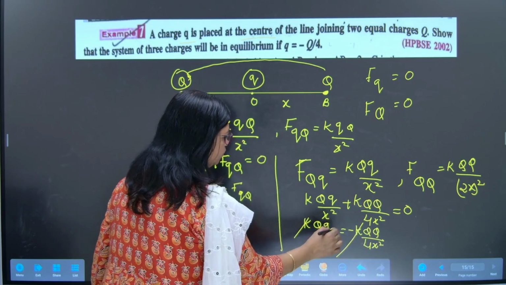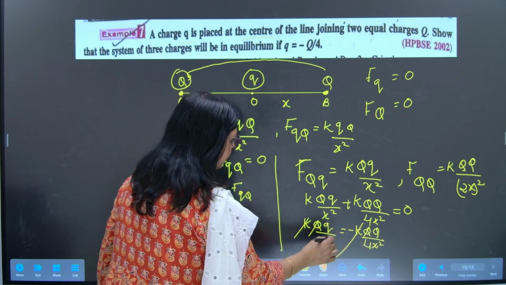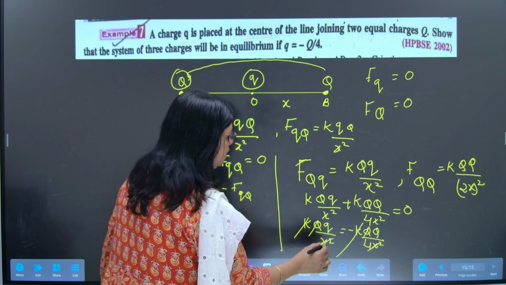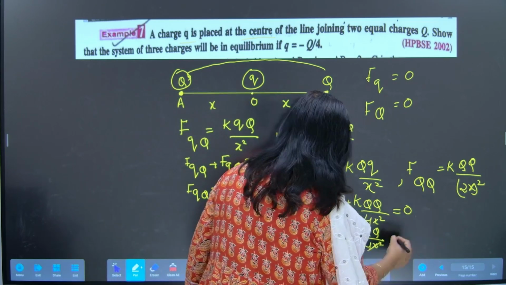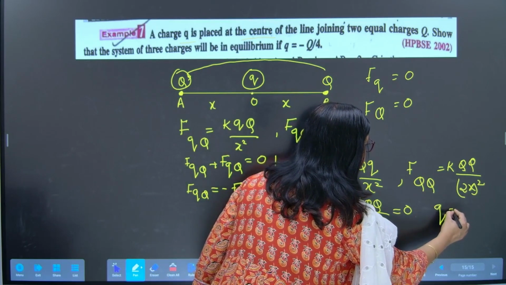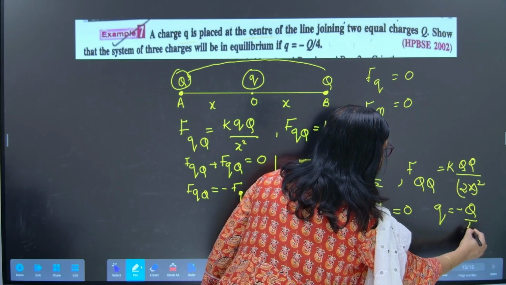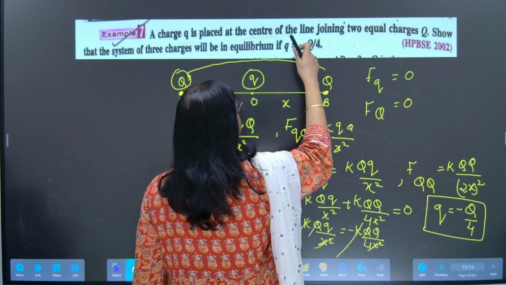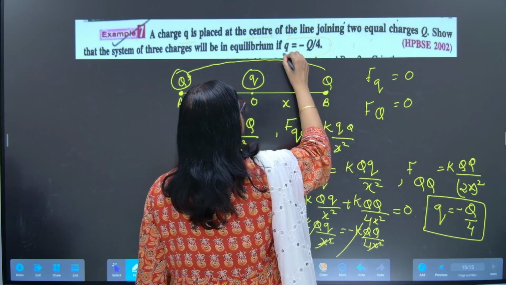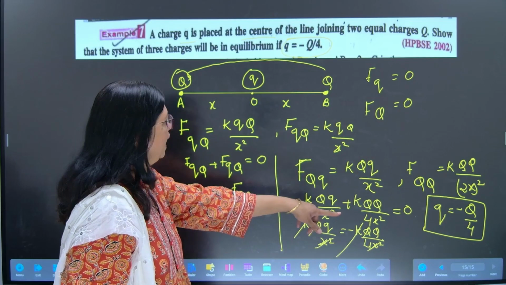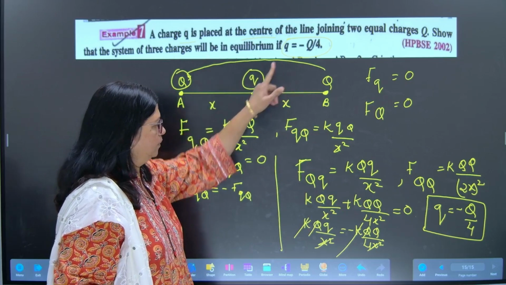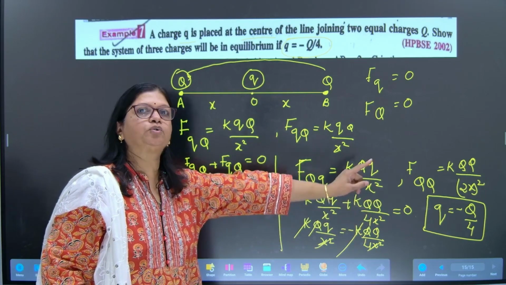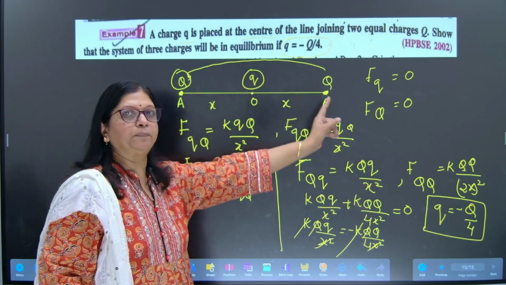There are many other ways; whichever is convenient, you can follow according to your easiness or quickness. So what are we left with? We are left with the value of q equal to negative Q upon 4, which is the condition given in the question and should be proved by us. We took the system in equilibrium and found the value of q equal to minus Q by 4, which was asked to be proved in the question.